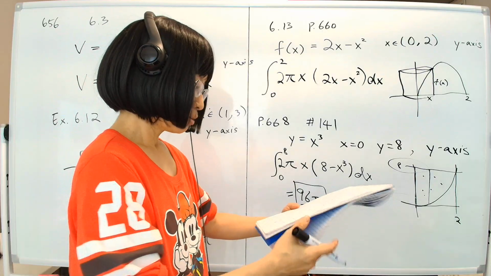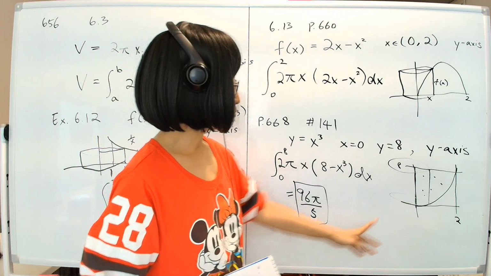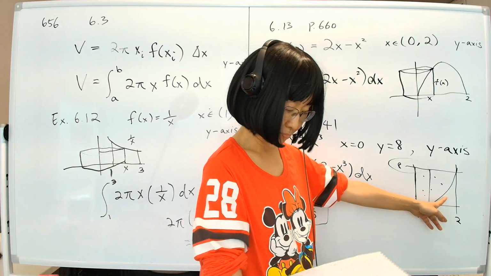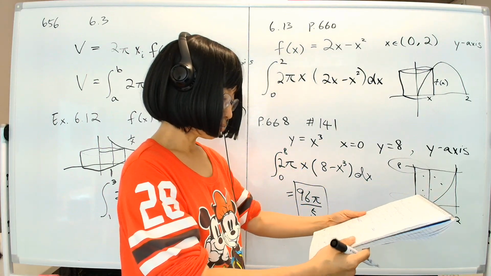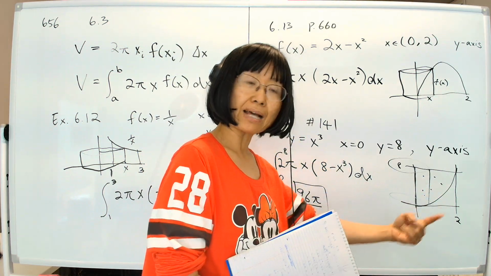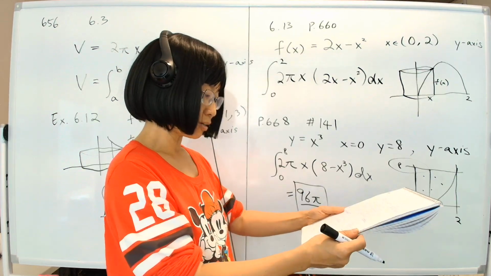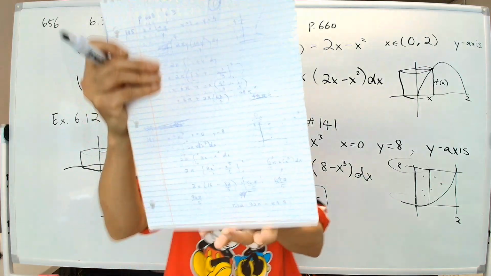Then I went ahead and calculated the area of this thing. And if you calculate the area of this thing around the y-axis, then it will be 64 pi over 5.